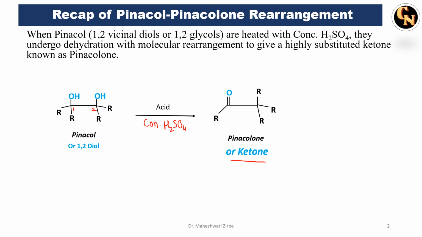You can see here R, C double bond O, R, C, with three R group substituents. So a Pinacol has been converted into Pinacolone. This structure is known as Pinacolone, which is nothing but your highly substituted ketone.